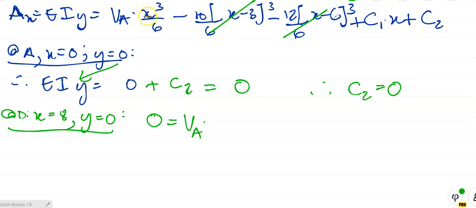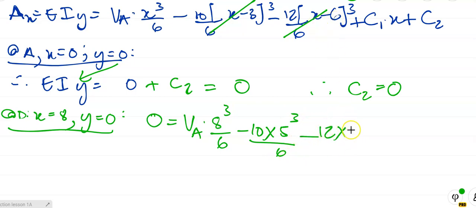So that is VA times 8 cubed over 6, minus 10 times (8 minus 3), 5 cubed over 6, minus 12 times (8 minus 6), 2 cubed over 6, plus C1 times 8, and of course C2 is 0, but I'm going to write it in this time.